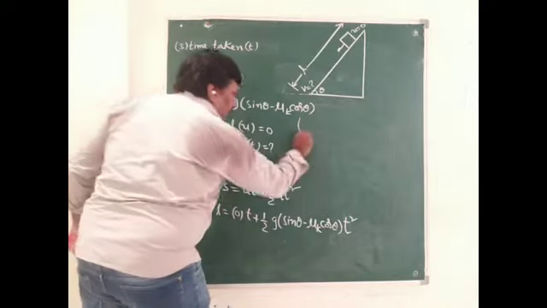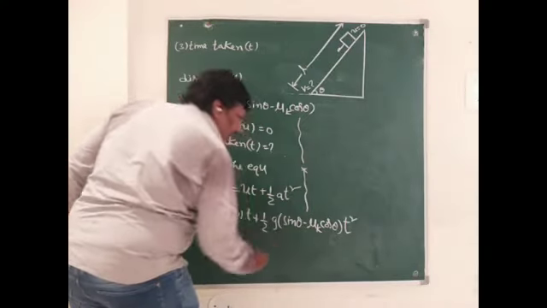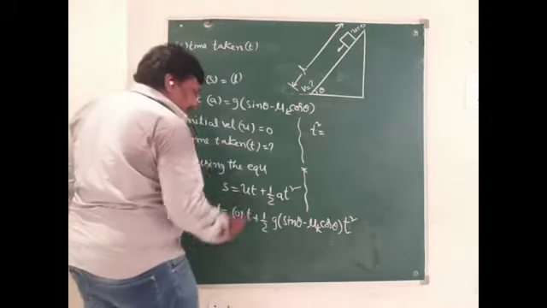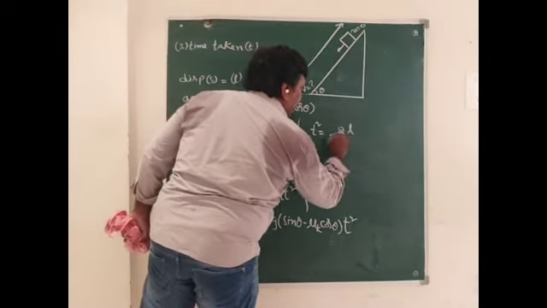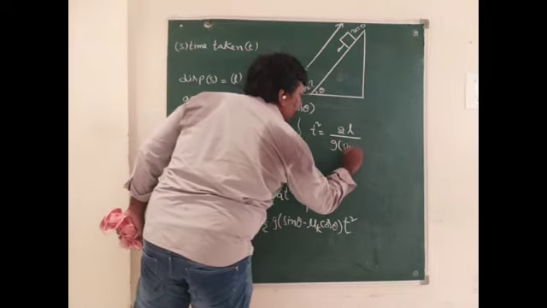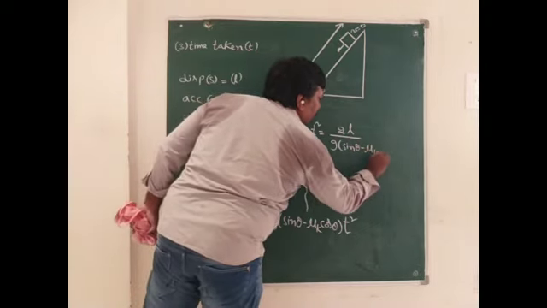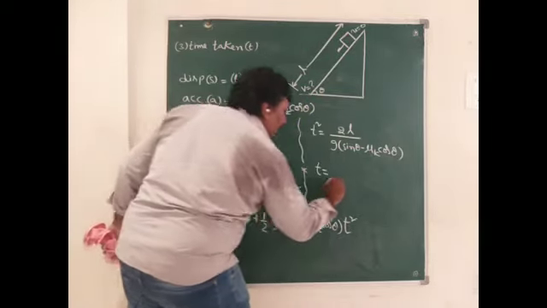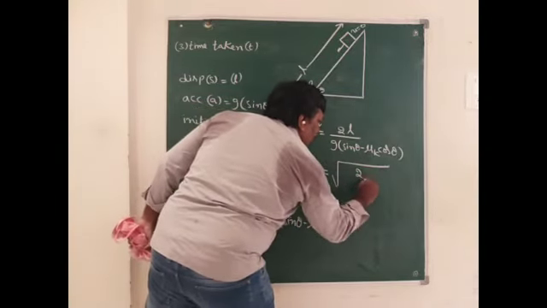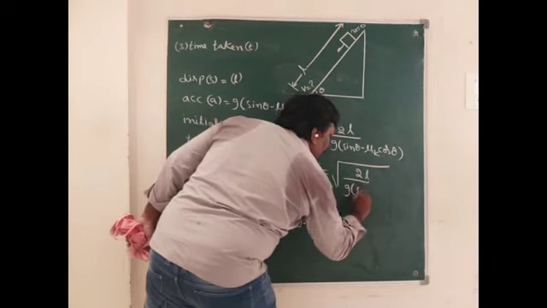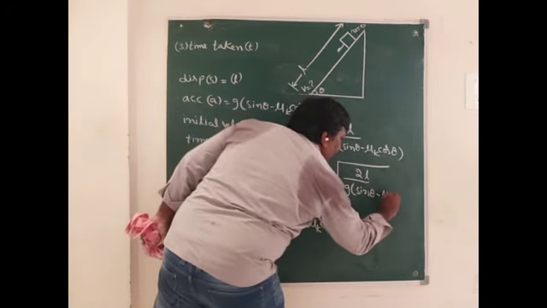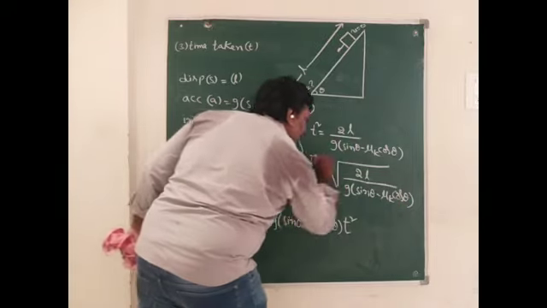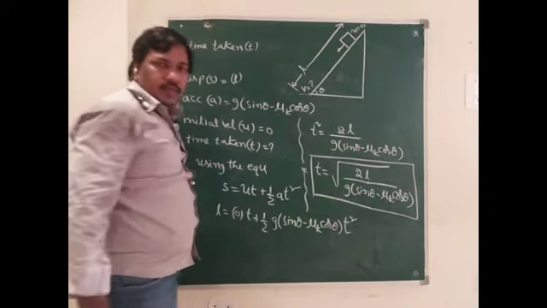So therefore t square equal to 2L by g into sin theta minus mu k cos theta. So therefore t equal to root over 2L by g into sin theta minus mu k cos theta.